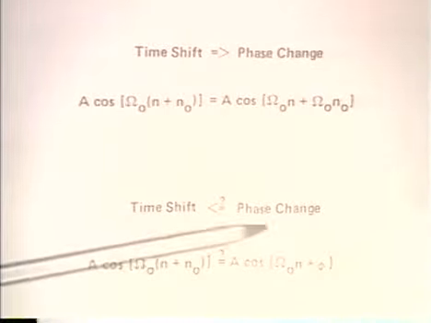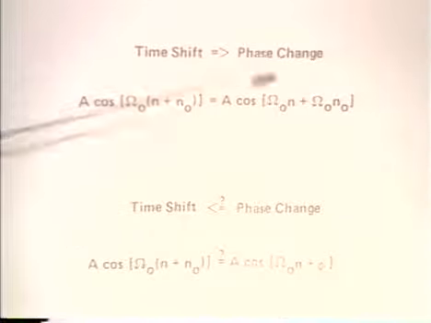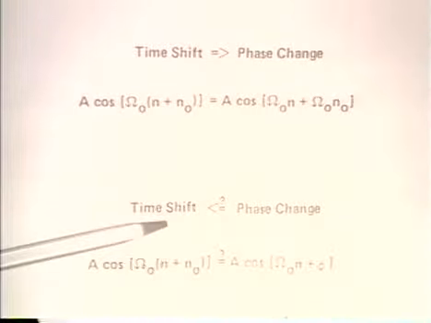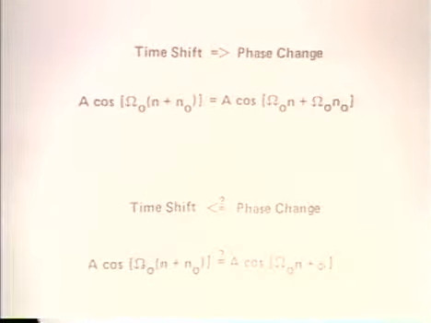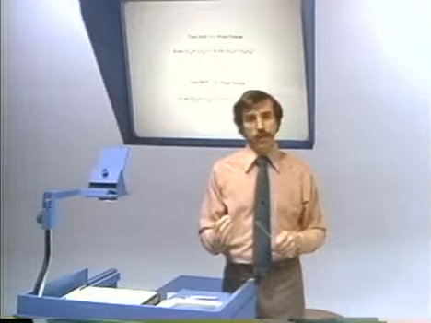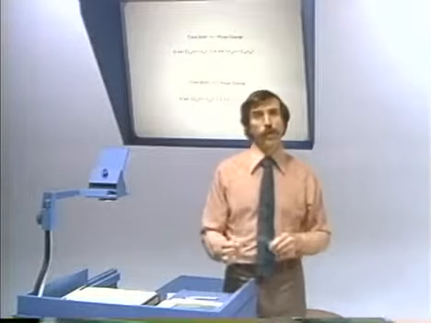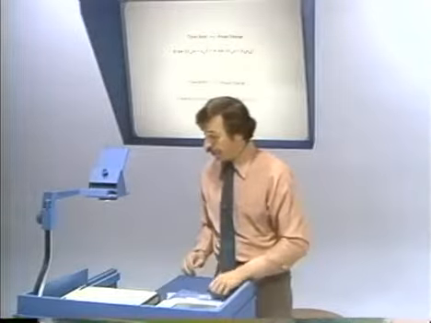Now, we know that that is true, namely that this statement works both ways in continuous time. Does it in discrete time? Well, the answer, somewhat interestingly or surprisingly until you sit down and think about it, is no. It is not necessarily true in discrete time that any phase change can be interpreted as a simple time shift of the sequence. And let me just indicate what the problem is.